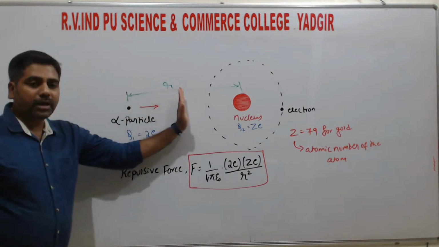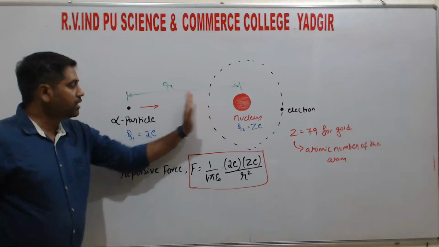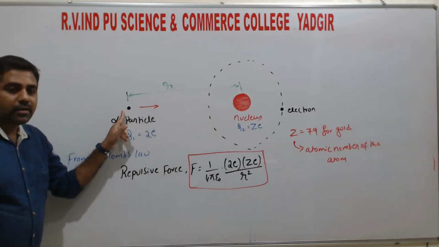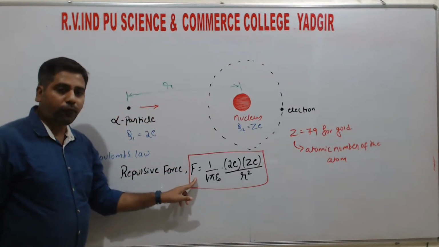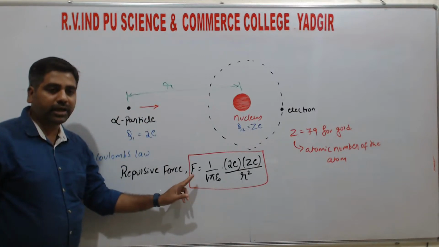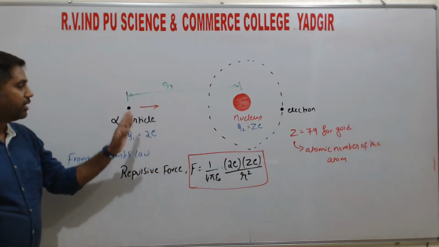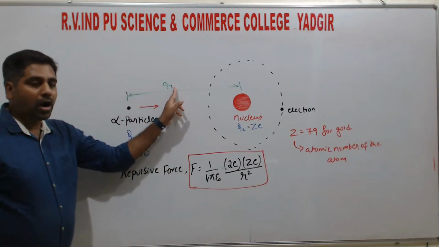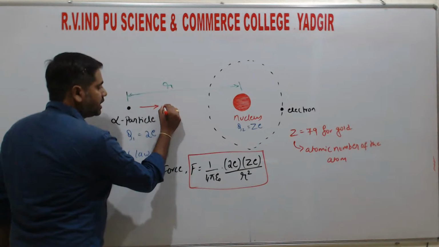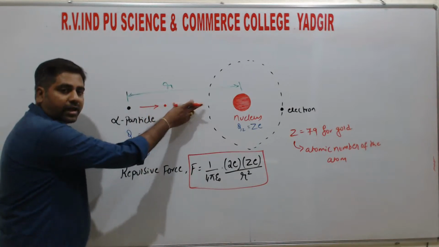So as the alpha particle approaches near to the nucleus, its magnitude and direction, that is the force, because force is a vector quantity, continuously vary, because here we have taken r. If the particle is here, then its distance reduces, right?